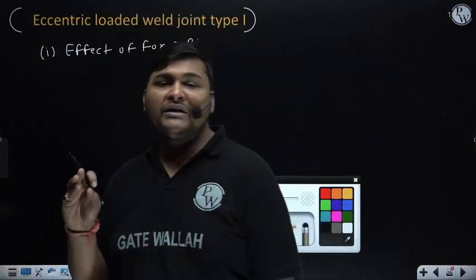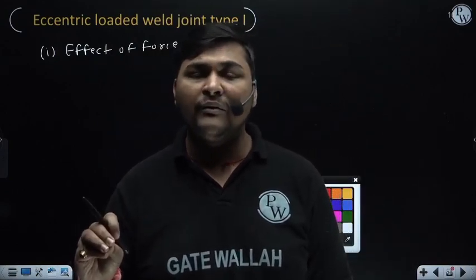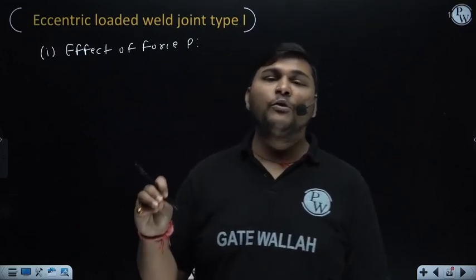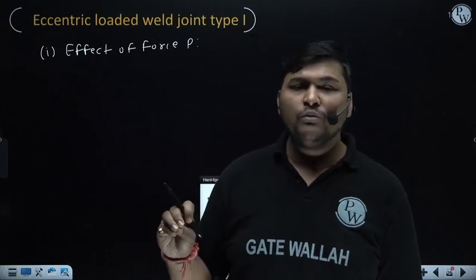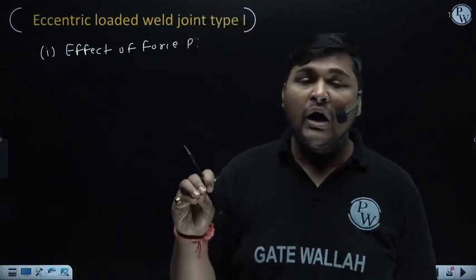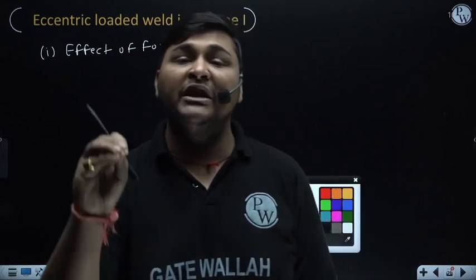It will not matter whether this force P is coming parallel to the length of the weld, or perpendicular to the length of the weld. Whenever direct force P is coming in the eccentric loading case, we will always assume during design that due to force P, primary shear stress is inducing in the weld. And to calculate primary shear stress, the area which we will consider is the throat area.